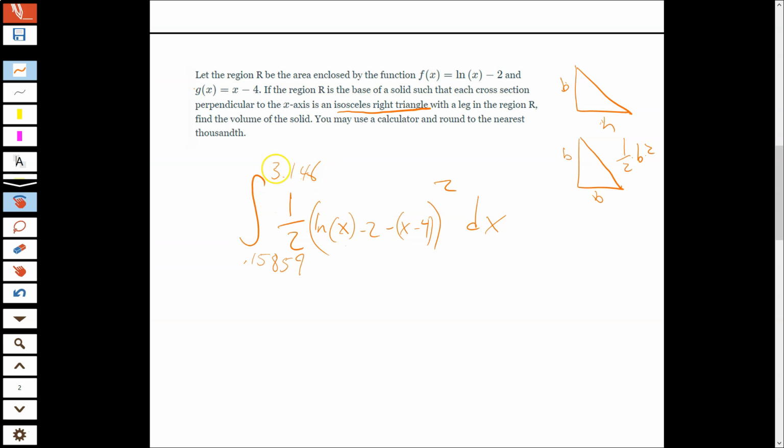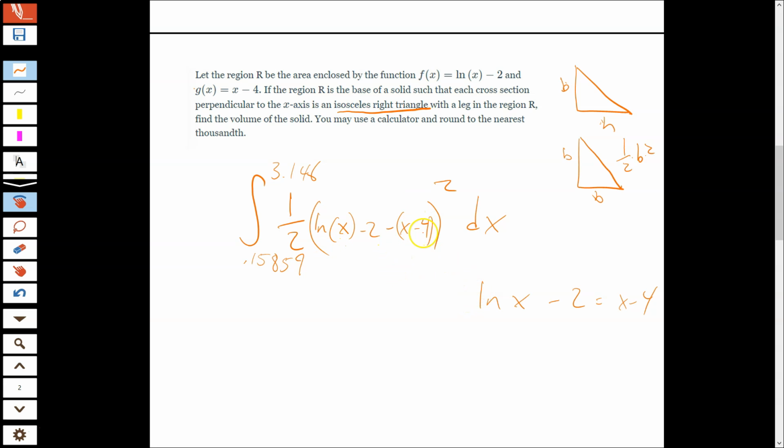To get these numbers, we need to set ln x minus 2 equal to x minus 4. Okay. To solve that, you use the solver on your calculator most likely.